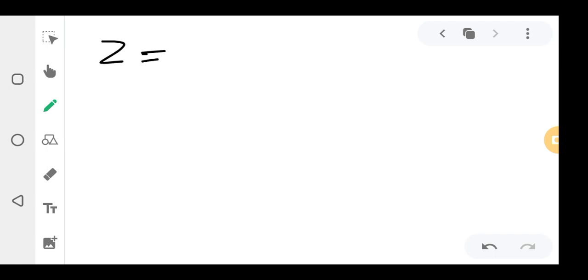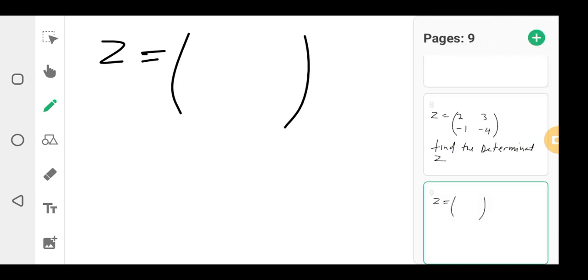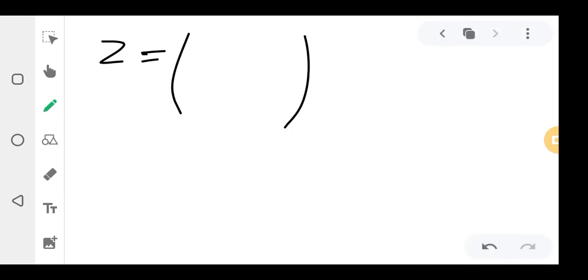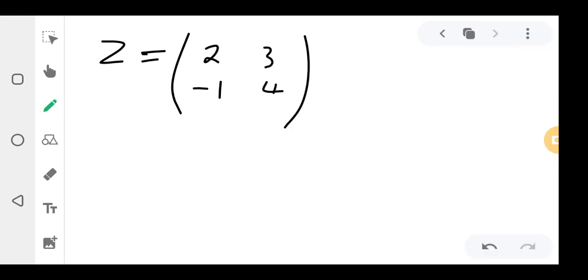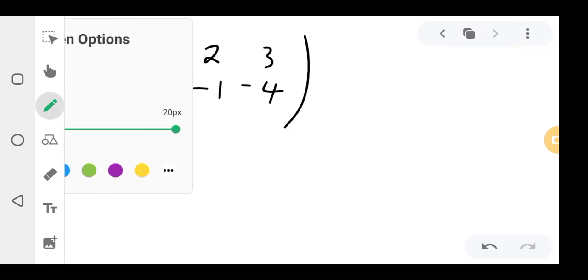We're solving now. This is the solution, don't get confused. So matrix Z is equal to what? Matrix Z is 2, negative 1 there, and then 3, negative 4.